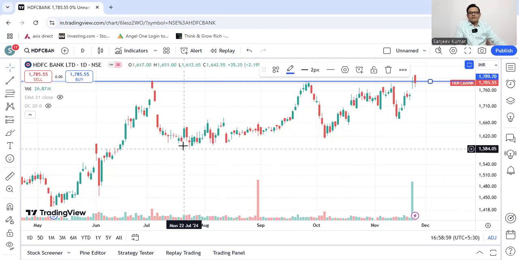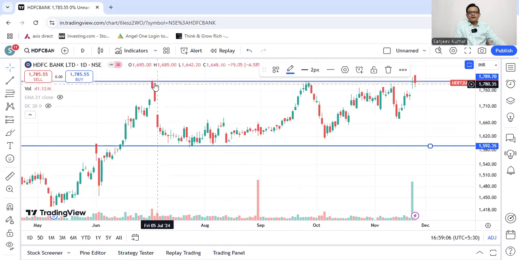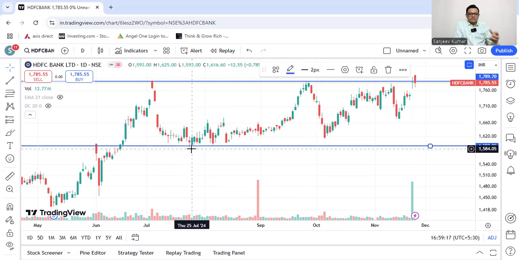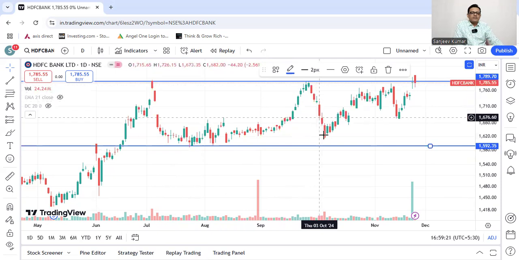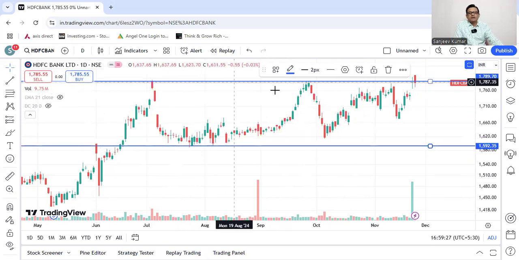And here again you can see this is the support. When it is moving down, here is support. From this place it starts moving upside because someone is buying here. Again you can see from before the support zone, before the support level, it started moving upside. So this is the support and this is the resistance.